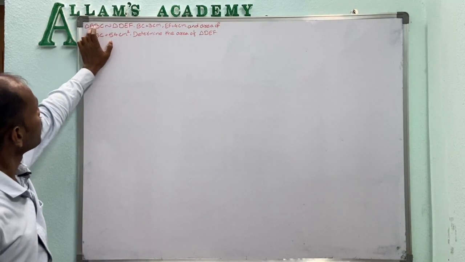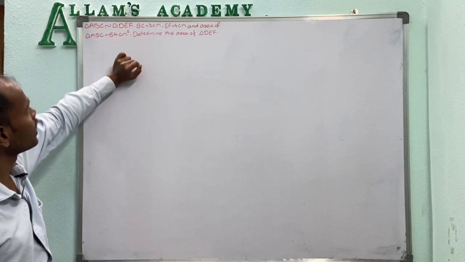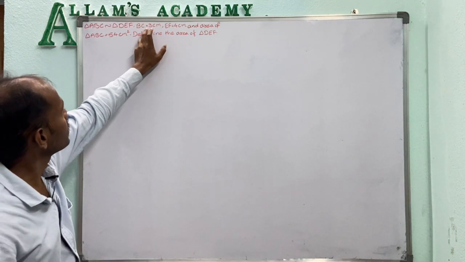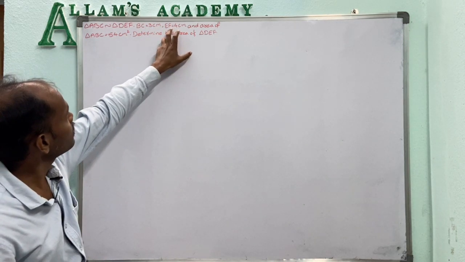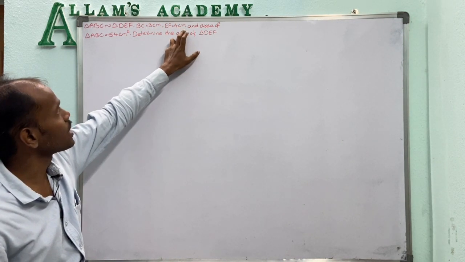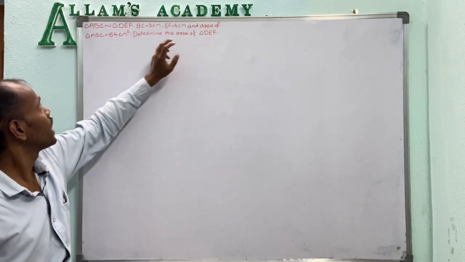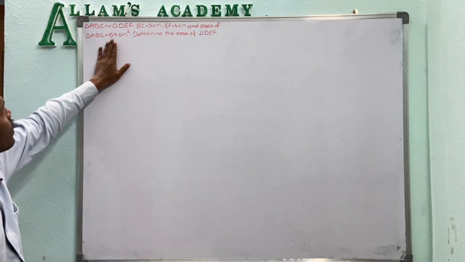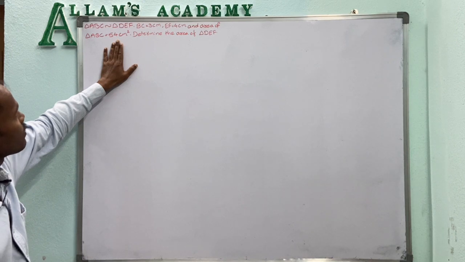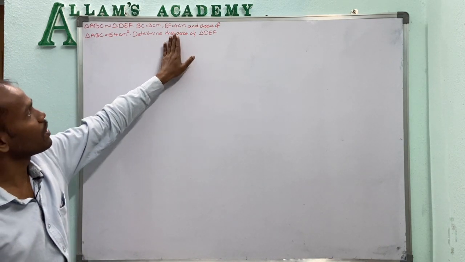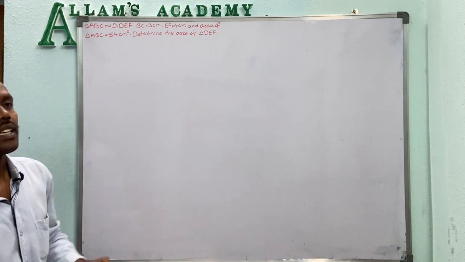Next problem: given triangle ABC is similar to triangle DEF, BC equals 3 centimeters, EF equals 4 centimeters, and area of triangle ABC equals 54 centimeters square, determine the area of triangle DEF.